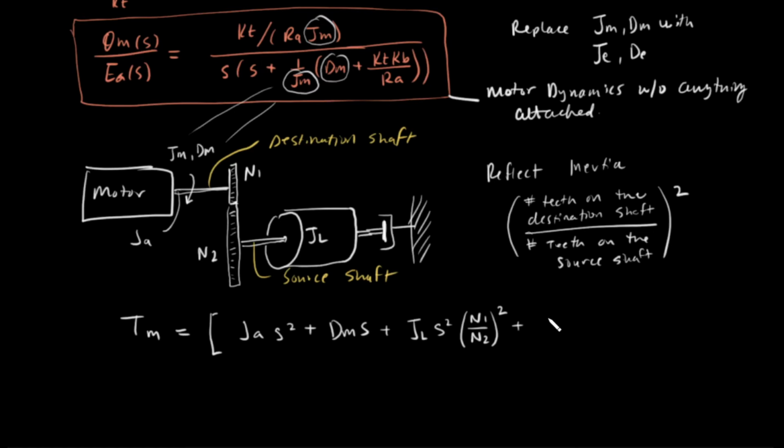And we'll do the same thing for the damping, DL, S, N1 over N2 quantity squared, and this is all theta M of S.